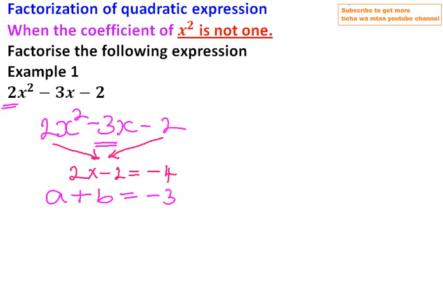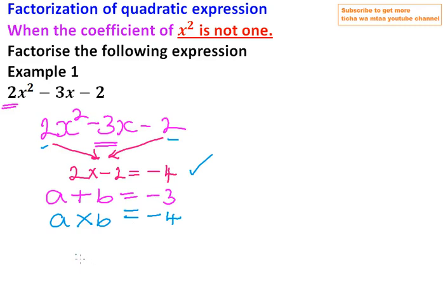And when you multiply a by b, the product should be minus 4, which is the product of the coefficient of x squared and the constant.